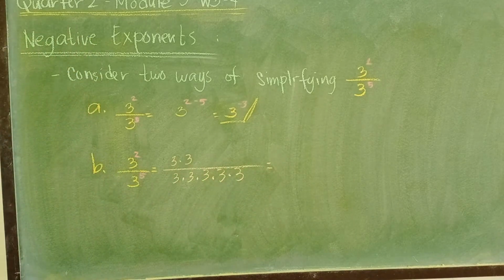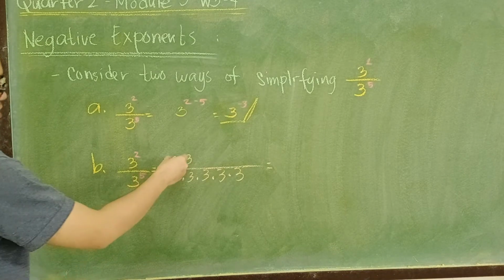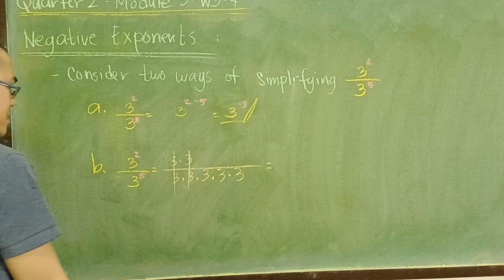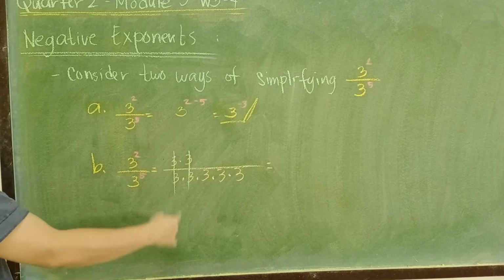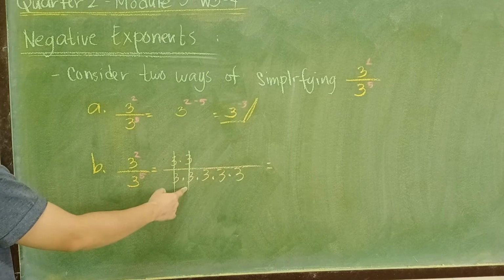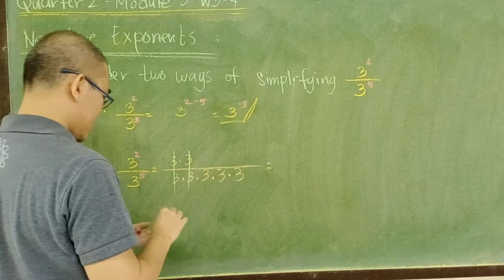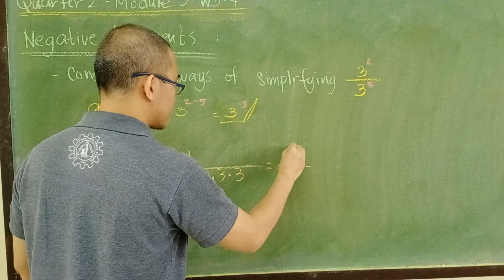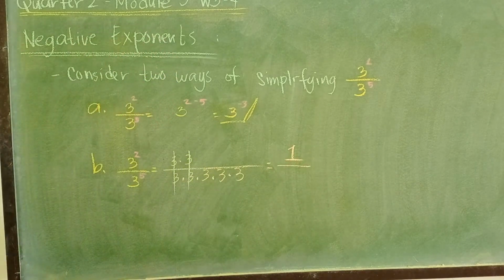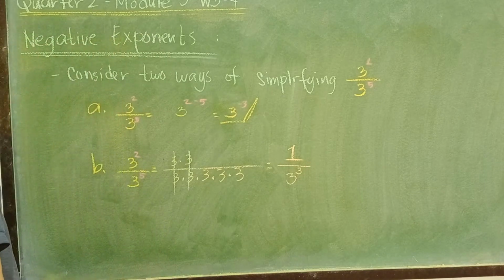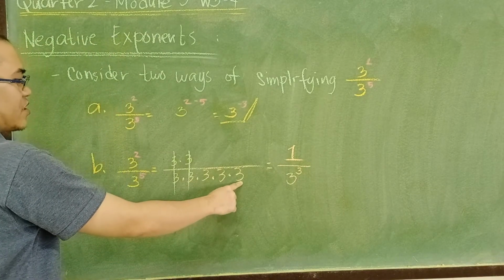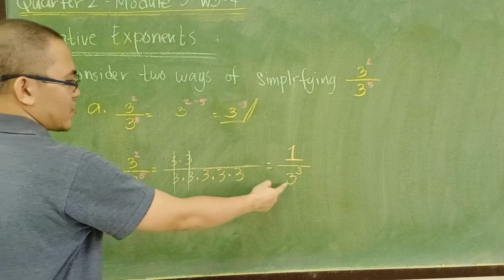Now what I will do is cancel out what I can cancel, the matching 3s. So what is left on top will be just 1, because 3 over 3 is 1, 3 over 3 is 1, 1 times 1 is 1. And then at the bottom, it will be 3 raised to 3, 3 multiplied by itself 3 times.